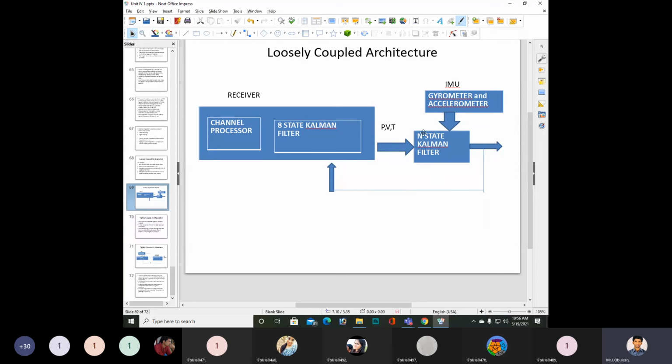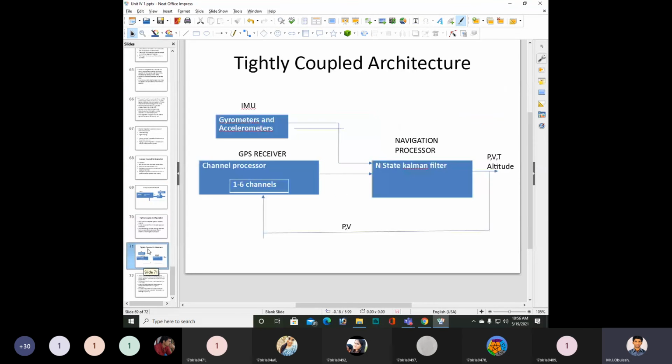Here we have the PVT, and this is the gyrometer and accelerometer. So this is the tightly coupled architecture.